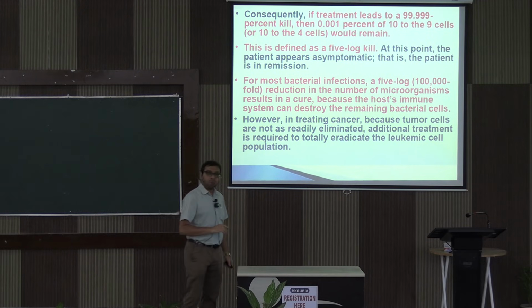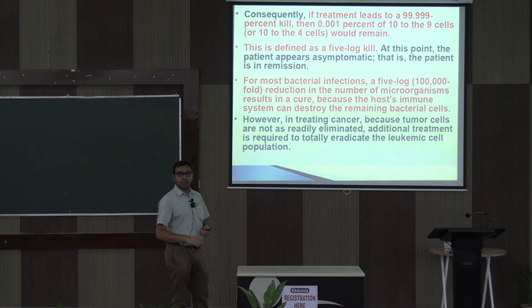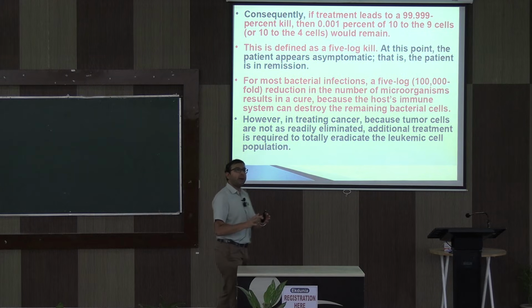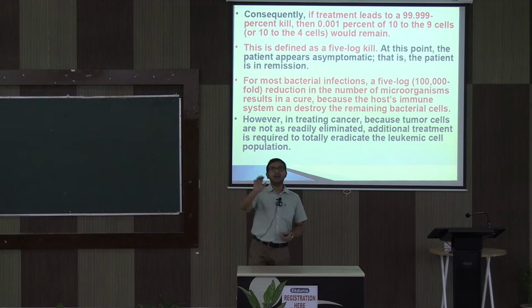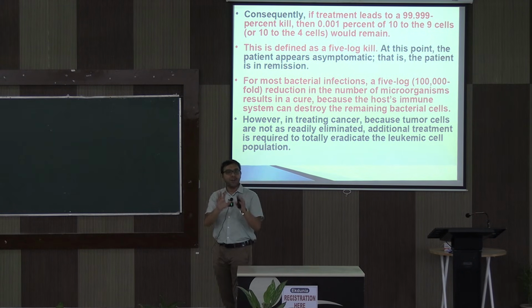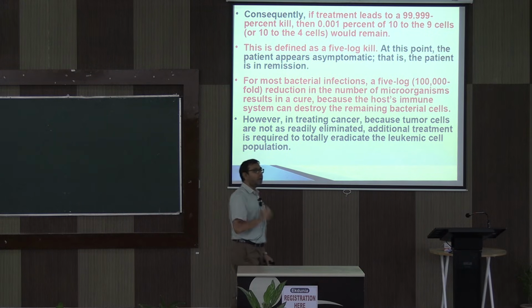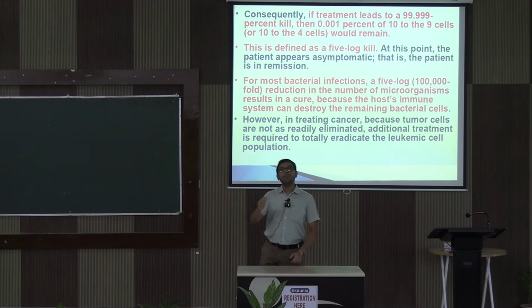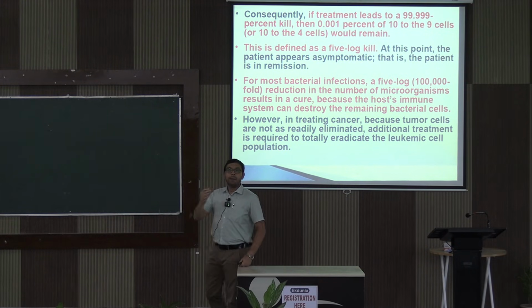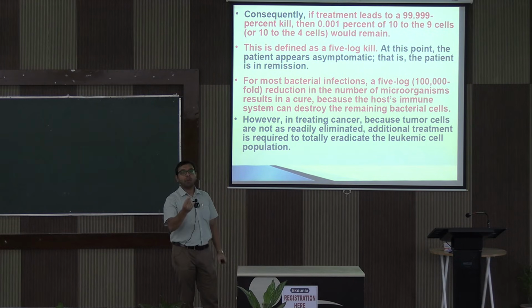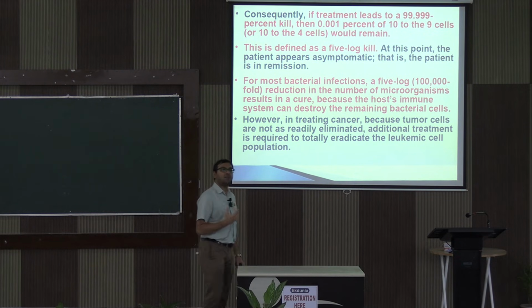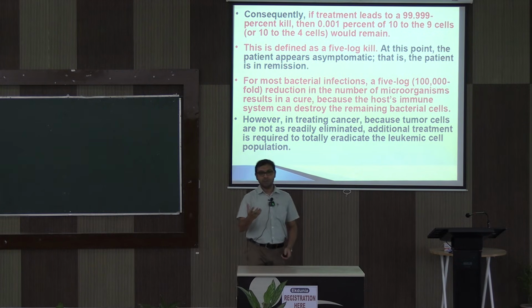In the case of microbes, this is known as the 5 log kill. Usually on average, when a very effective drug is given, it can kill 4 to 5 logs. Similarly, antimicrobial chemotherapy also gives this 4 to 5 log kill, but the rest of the 10 to the power 4 microbes are usually taken care of by our own immune system.